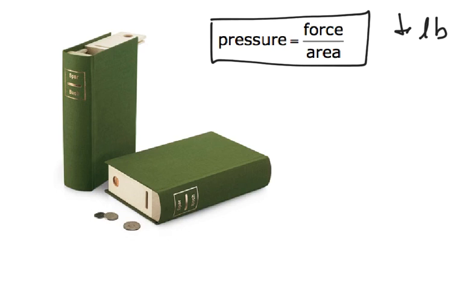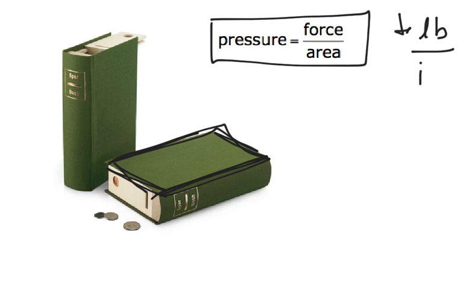Let's say we laid this on your stomach, then you'd feel a certain number of pounds, but it's spread out over this much area for this book. So when I take the pounds and divide by the area, let's say in square inches, that gives me the pressure of the book.